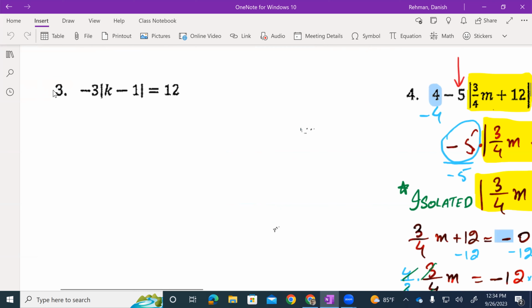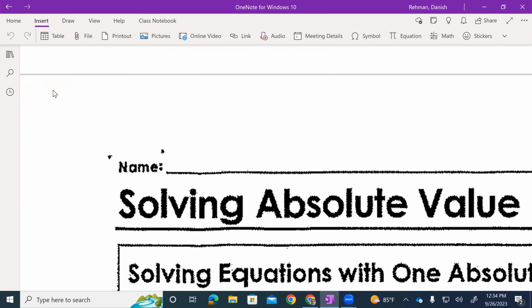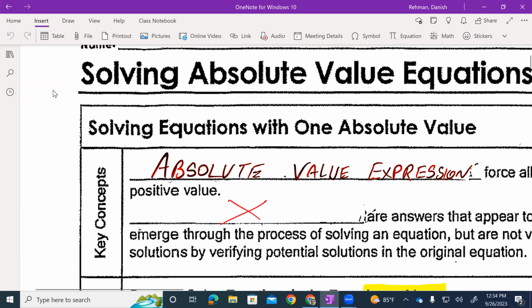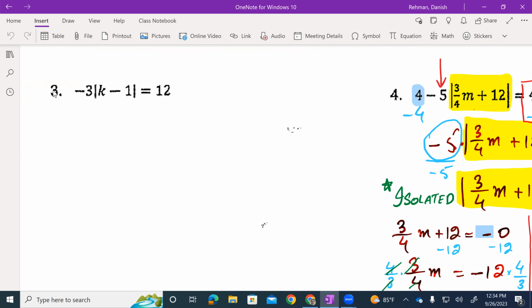Here, you know why there is no solution for question number 3? Because whenever you face this case, which case? Whenever you're trying to isolate the absolute value expression and you end up with a negative sign on the expression. How? I will do it for you. Where is the absolute value expression here?